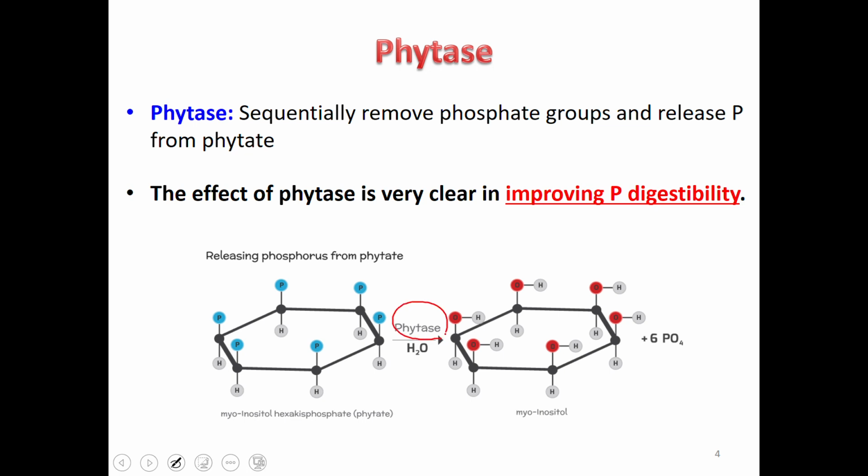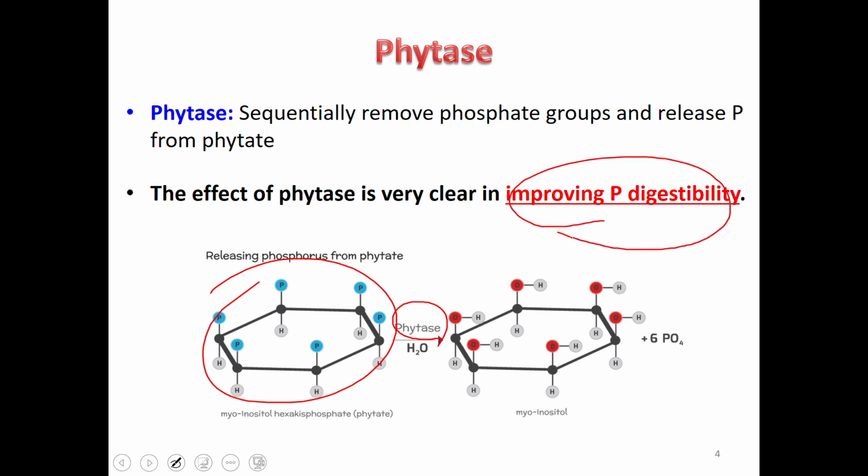This phytase enzyme sequentially removes phosphate groups in this phytate and liberates phosphate from phytate so that pigs can use this phosphorus in these cereal grains and oilseed meals better than without phytase in the diet. So this phytase supplementation effect is very clear in improving phosphorus digestibility.